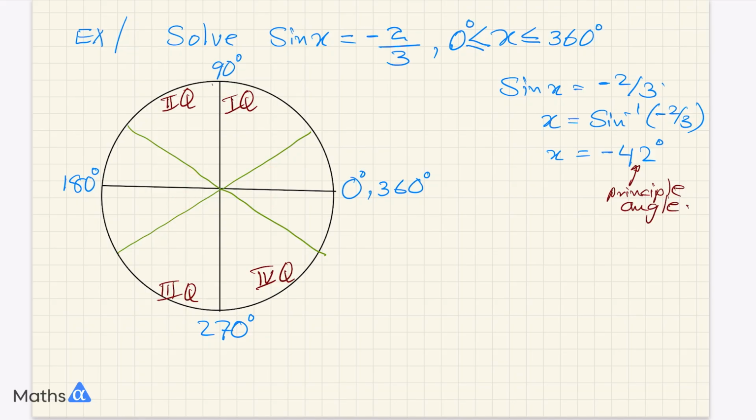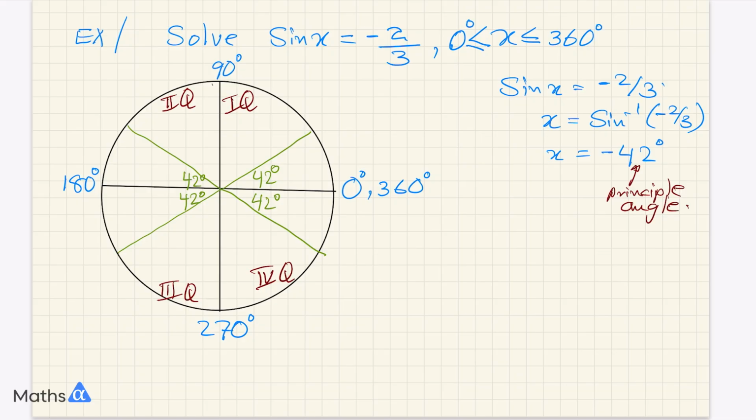Remember that if you get a negative angle, that's what we do. We take the size of that angle without the sign, okay? We're going to fill these angles as that. So I'm going to write 42 in all these four angles. It's just to help us to read the required angle.